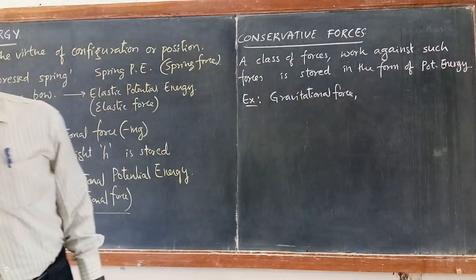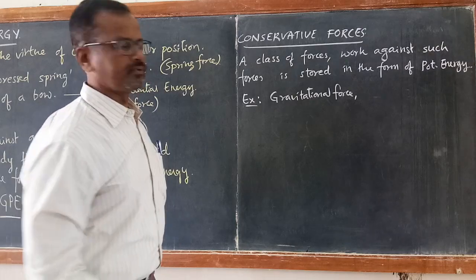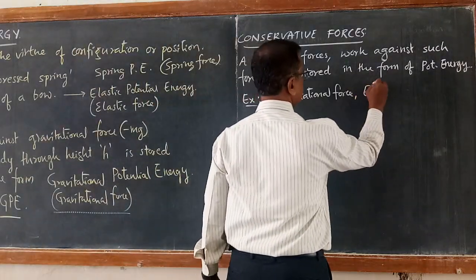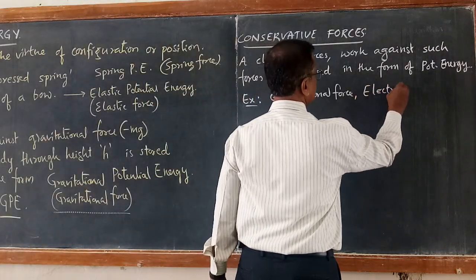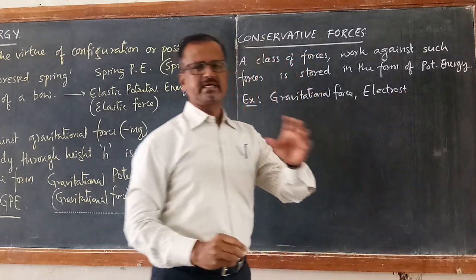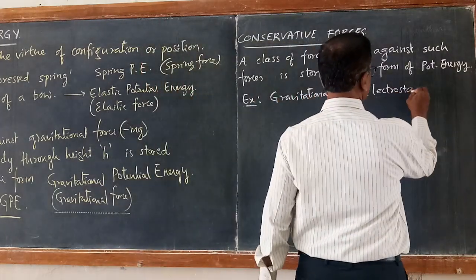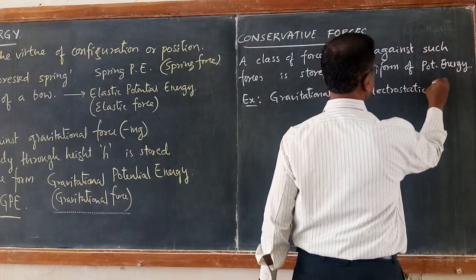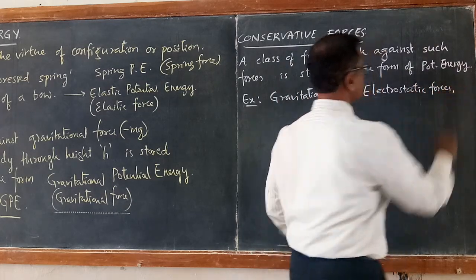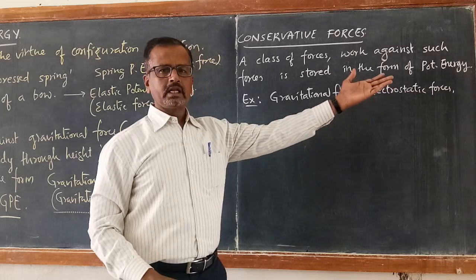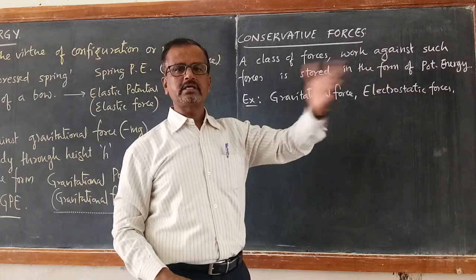Similarly, next year you are learning electrostatic force. Electrostatic force exists between like charges and unlike charges, or you can call it electric force. Like charges repel each other, unlike charges attract each other.